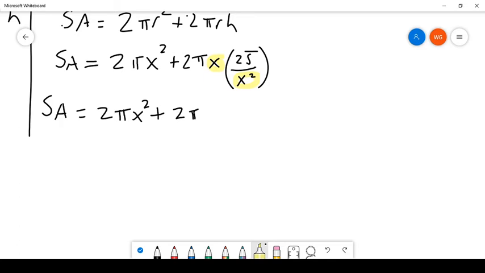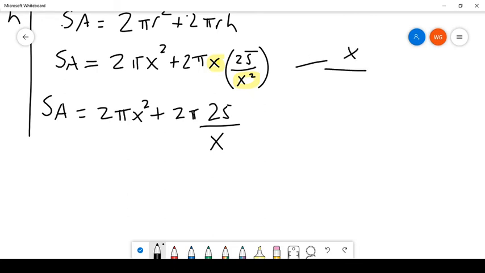That on the top is an x to the power of 1 over 2. So 1 minus 2 is negative 1. So what we actually have is 25 over x, right? Because just as an aside, think about it for a second.